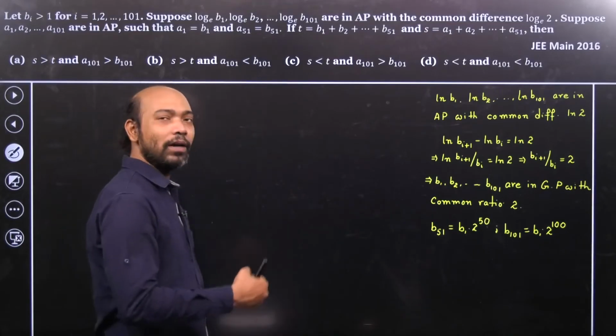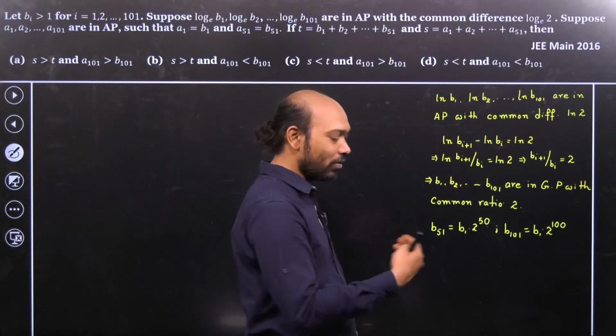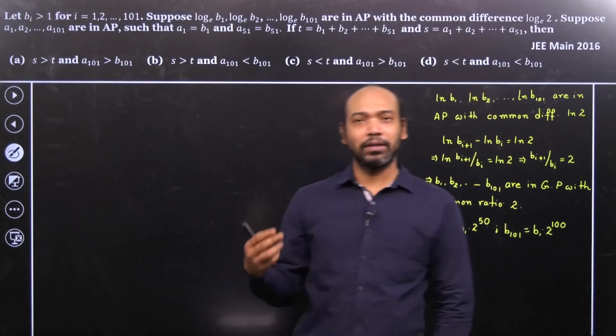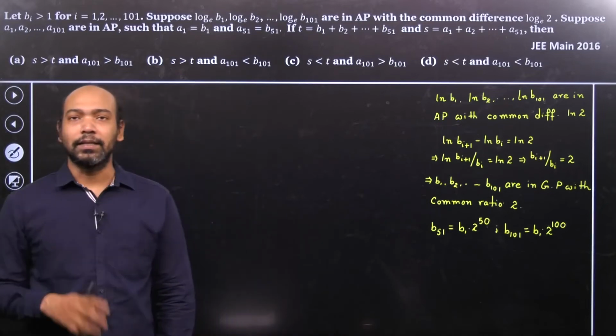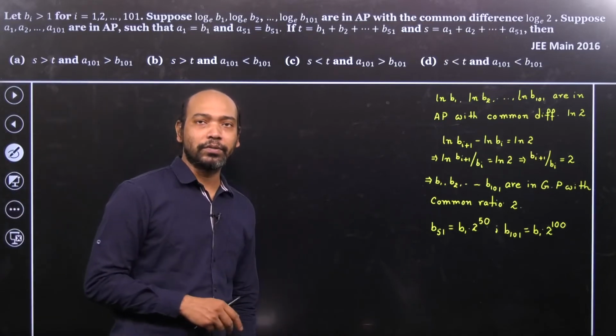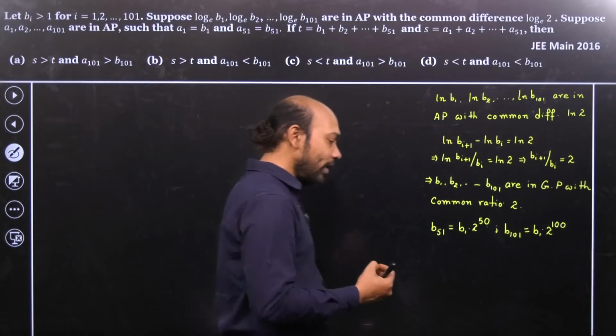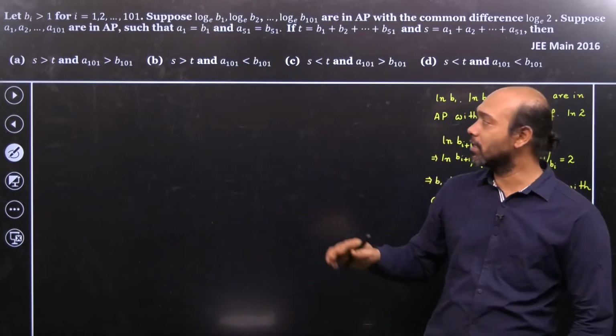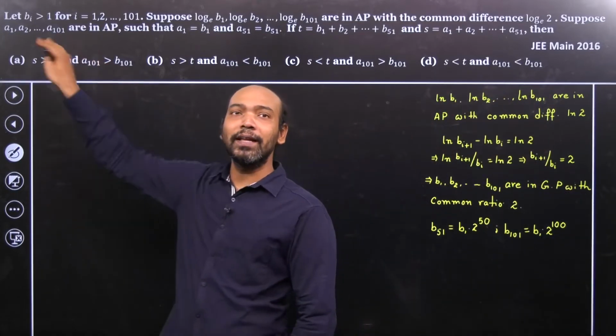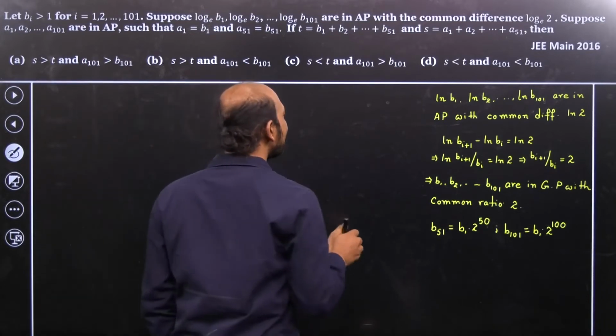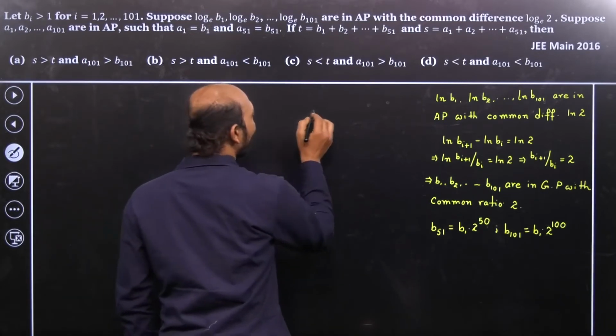Because we know that the nth term of a GP series, the Rth term, is equal to A1 times R to the power n minus 1, and all that stuff, right? So we know that. So we just calculate all those values. Now it says that again we need to calculate for the AP series. So let us concentrate now on the given AP series, A1 to A101.